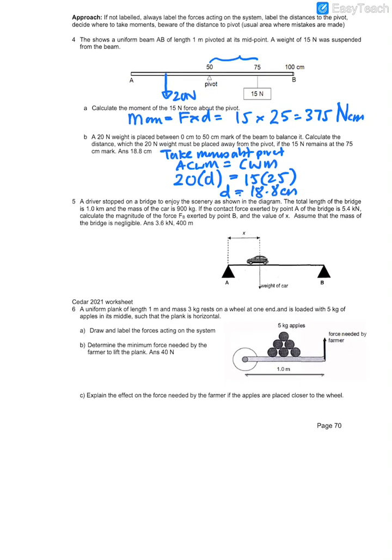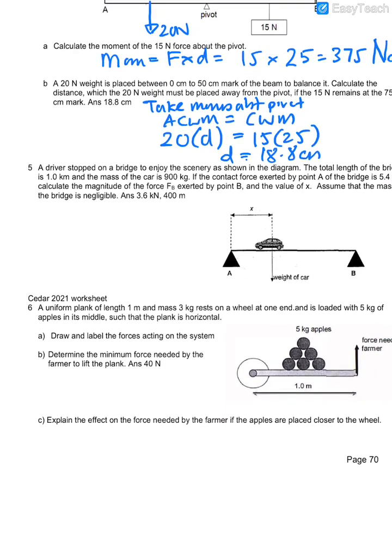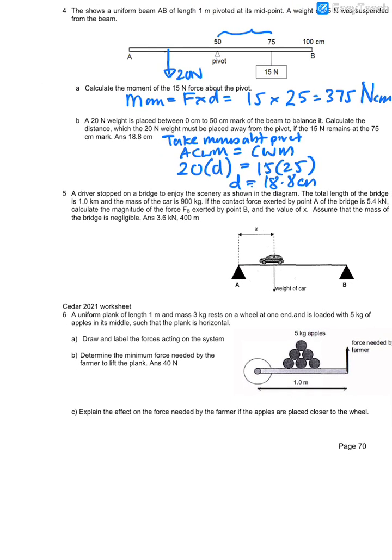So I'll show you that it's actually not too difficult, Jonathan. What you need to do is label all the forces with the information you are given. We have the car at this point, how much? 900 kilograms, which is 9,000 newtons.